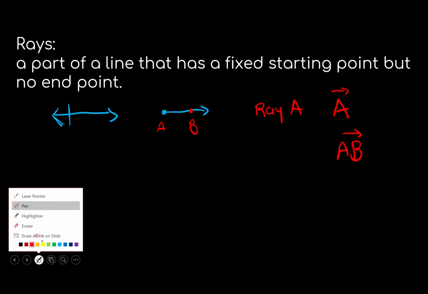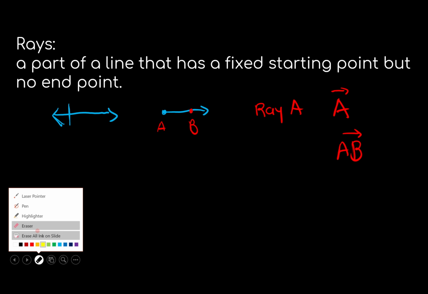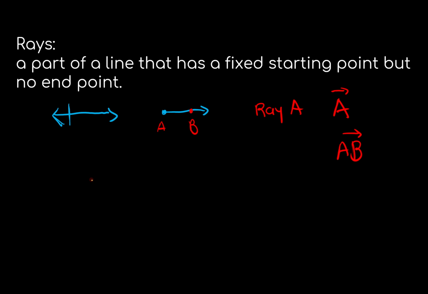So if you have two rays, I discussed this in my angles video, link in the top right now. If you have two rays like this, you can create an angle.